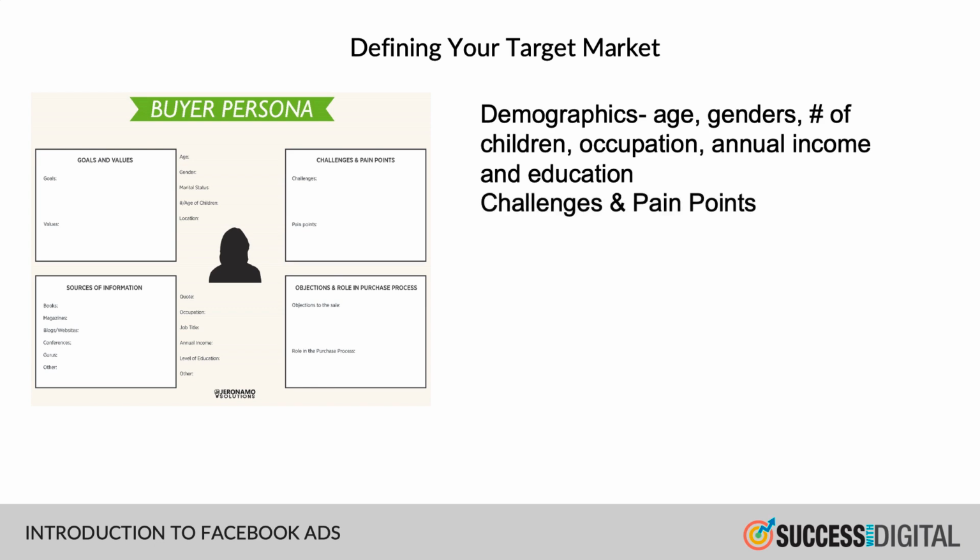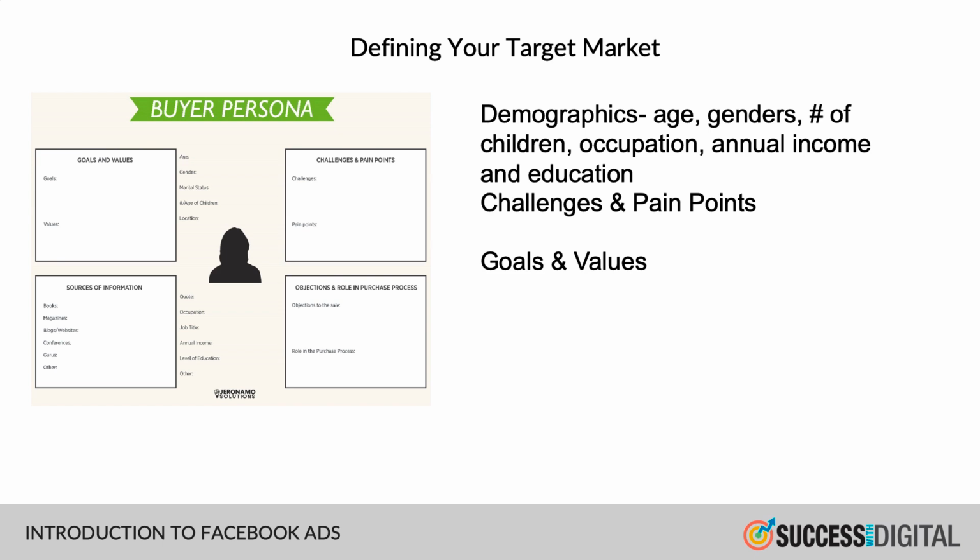All right. So the next thing to ask yourself is, what are their challenges and pain points? What is the problem that you're solving? What is their before state? And what are the pain points that they have in their lives? And then looking at goals and values. Do they have specific goals that they're trying to reach?